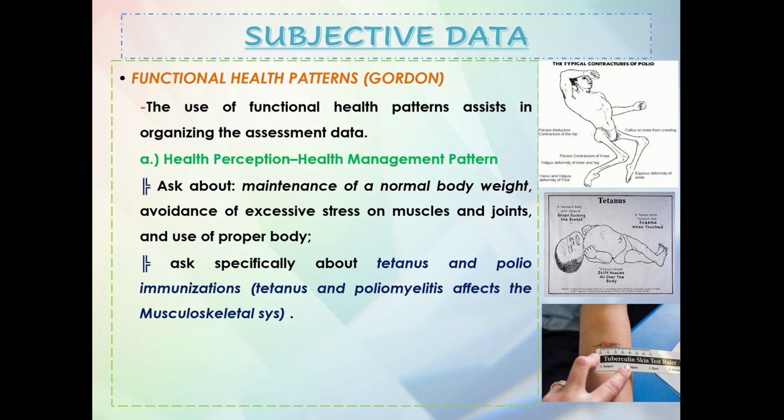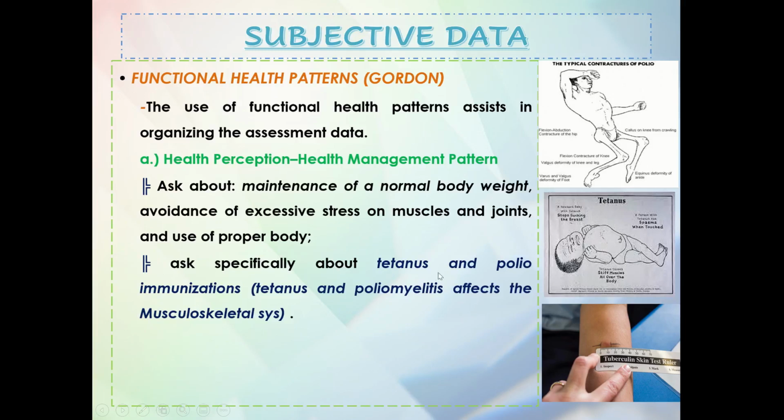Okay, and then ito lang just to show you, ito yung mga contractures ng mga pasyenteng may polio. So, kita natin yung deformities sa kanilang bones. And then for tetanus naman, okay, kapag sila ay na-infect ng bacteria na to, it can cause, ayan, stiff muscles all over the body.